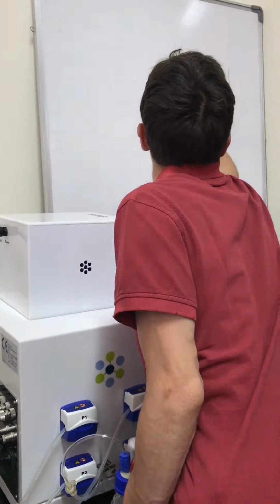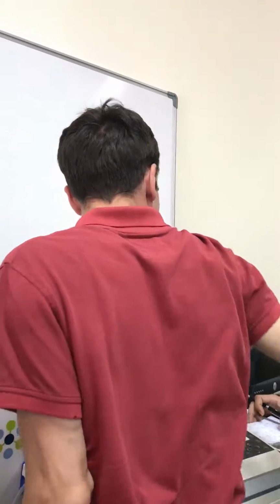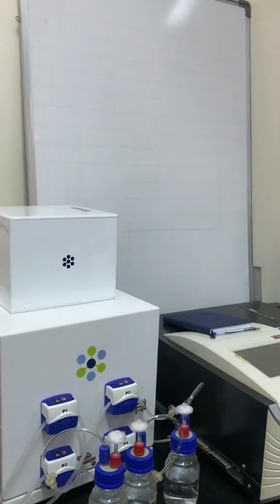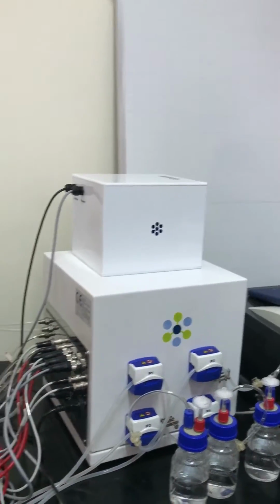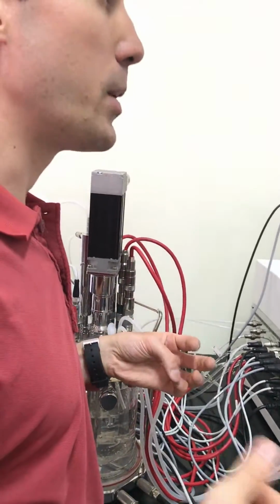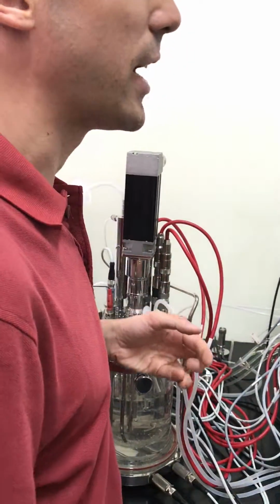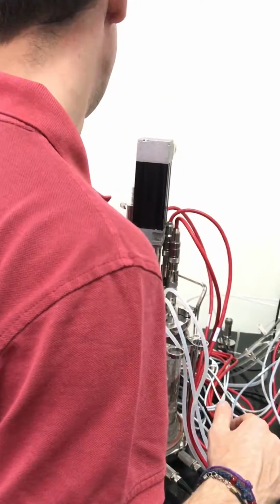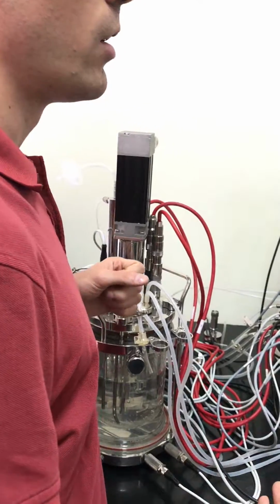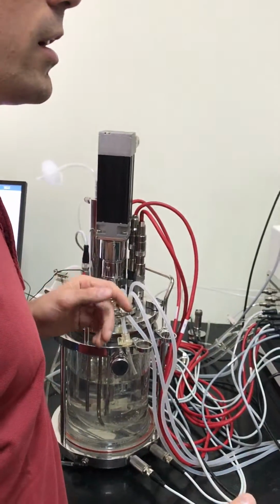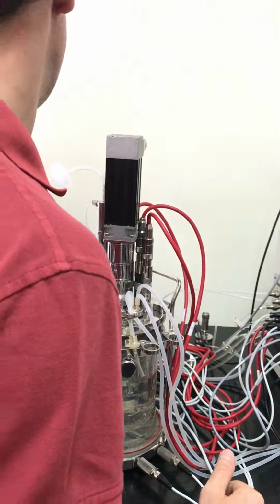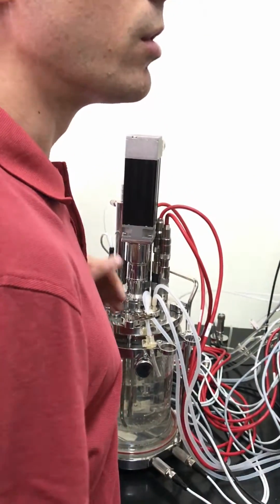But I advise you to keep all the values like this, because when we prepare a fermenter in Solaris, we always set all the parameters, the best parameters, so it's already ready to go.